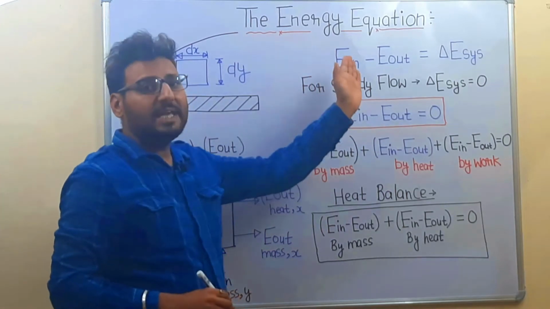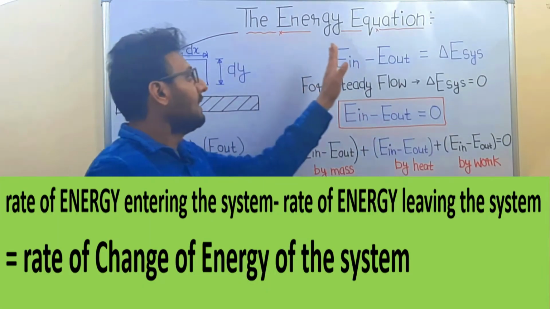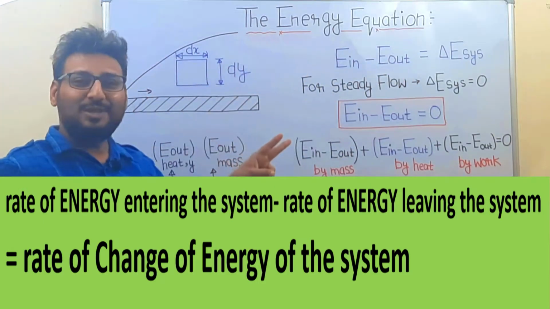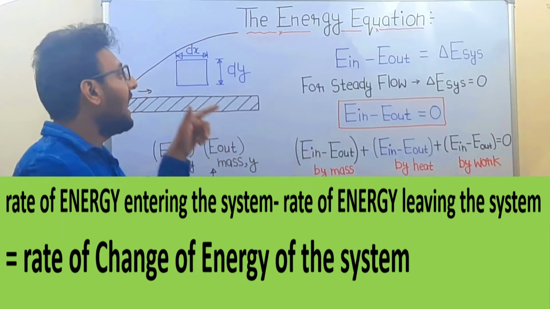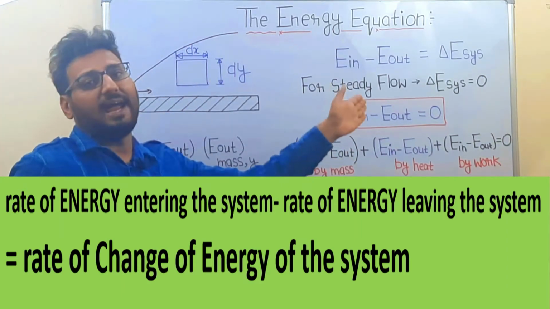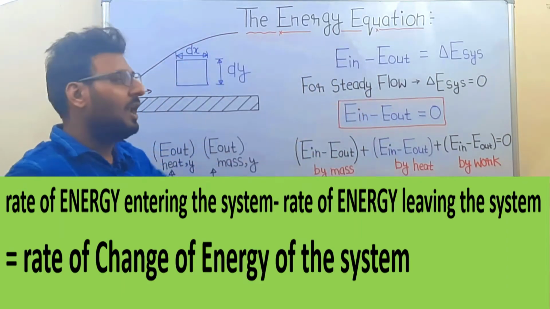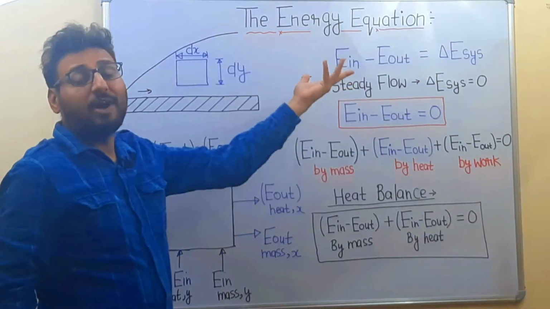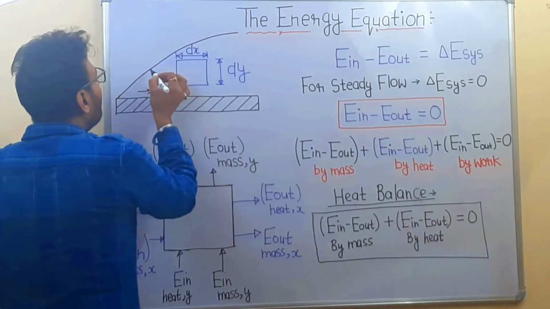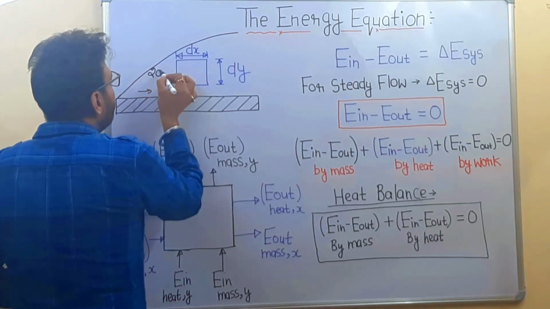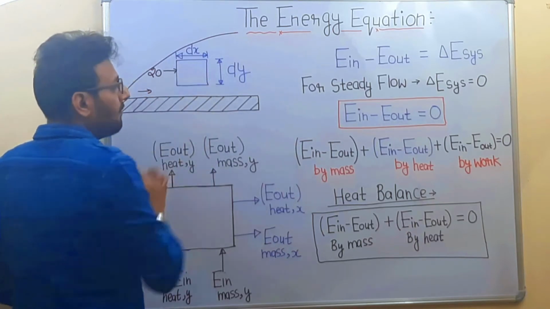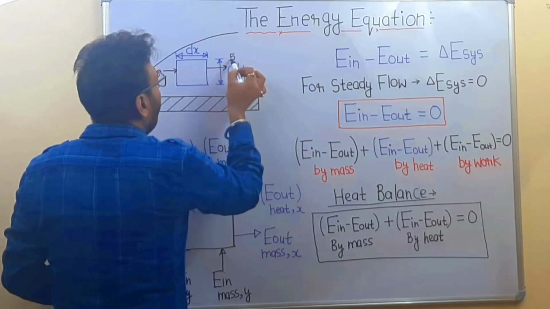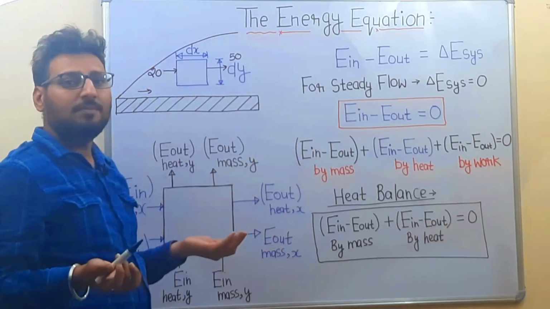Now, according to the energy principle, the net change of energy of the system is equal to the difference between the energy entering the system and the energy leaving the system. Now we are going to discuss this equation with the help of an example. Suppose 20 watts of energy is entering the system and 50 watts of energy is leaving the system.